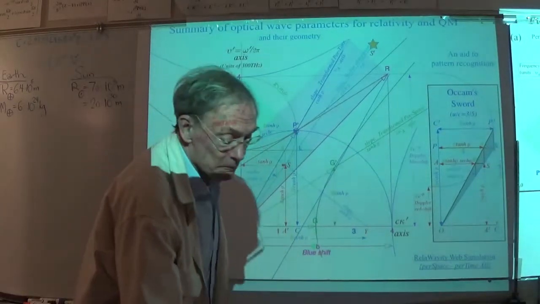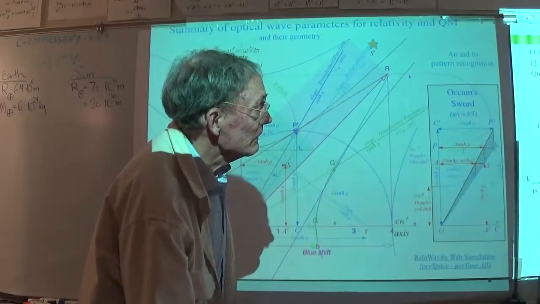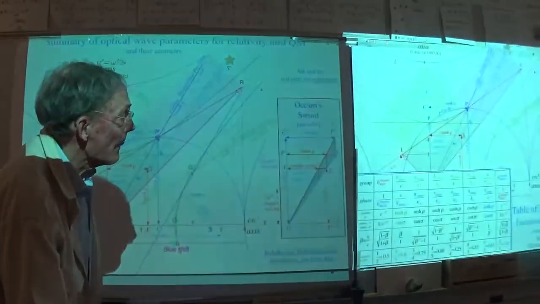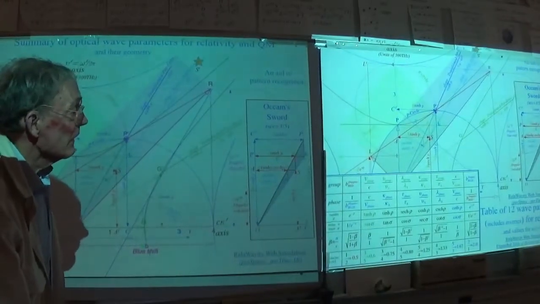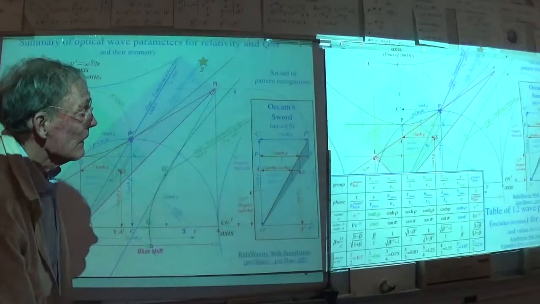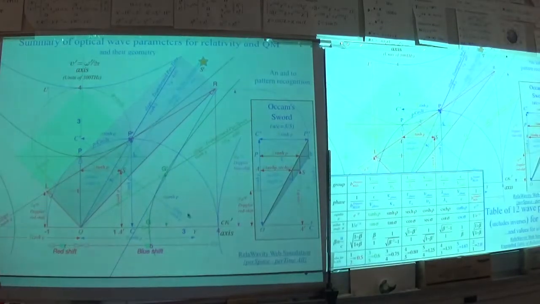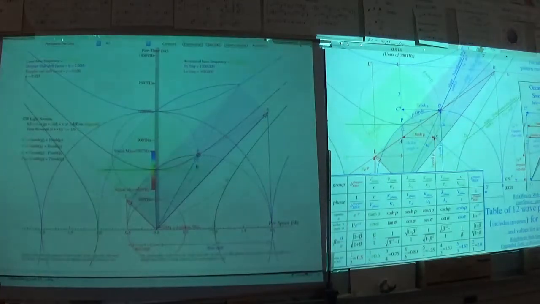I'm going to go ahead on this computer here so that we can do some of the things that are coming up here. There, of course, are the actual values of 12 wave parameters, but I think I can do a good look here just to see this thing all together.